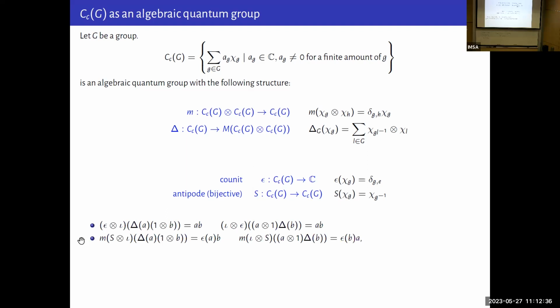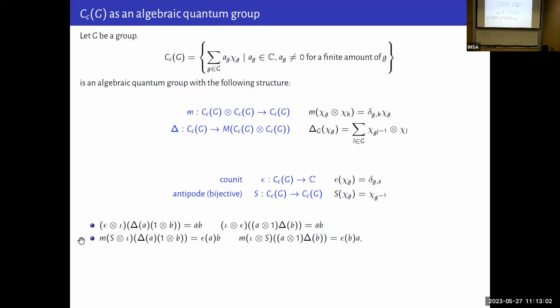So the co-unit and the antipode must also satisfy conditions. Note that now delta of A tensor 1 times 1 tensor B is an element of the tensor product because of our condition on the multiplication. So we apply the co-unit tensor identity to this element and we recover AB. Similar here. This is an actual element of the tensor product.